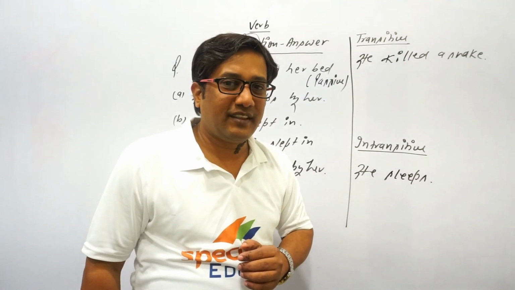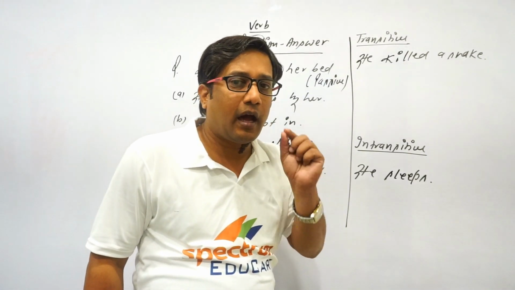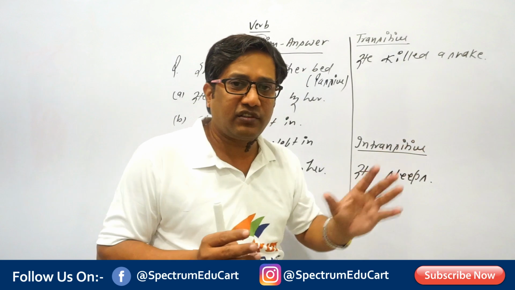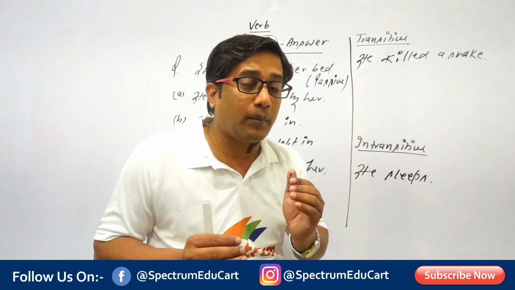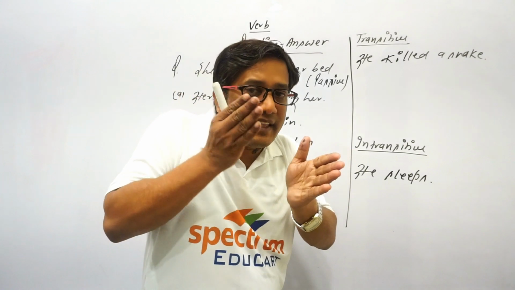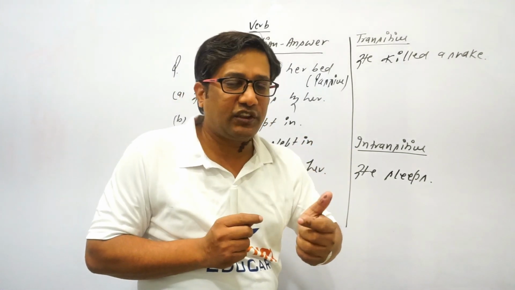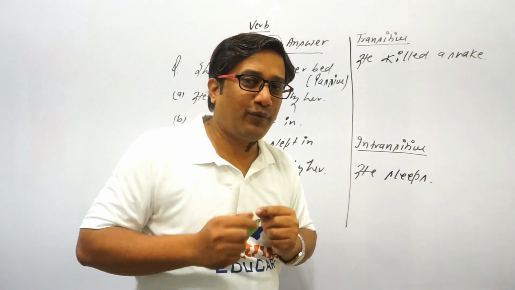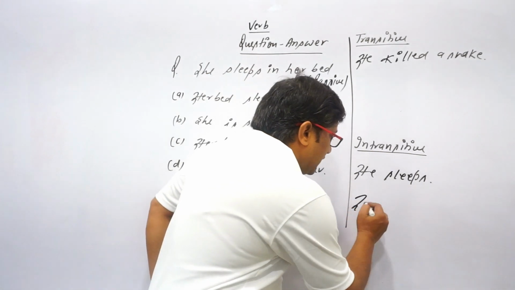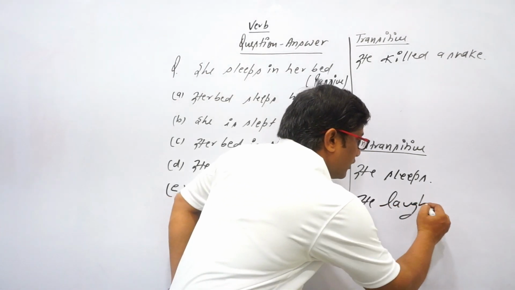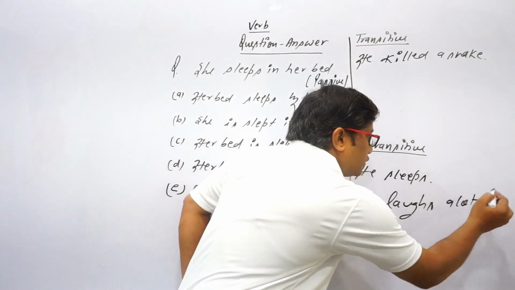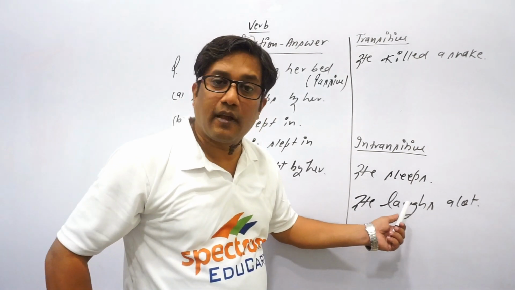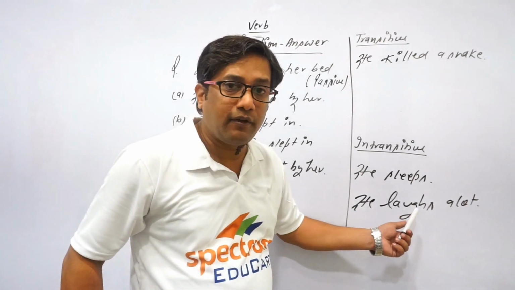What is the rule? If we use a preposition, and prepositions are definite with such types of action words, then by adding that preposition an intransitive verb can be converted into transitive. Getting my point? For example, he laughs a lot. Here you can see that laughs is a verb, and that is an intransitive verb.